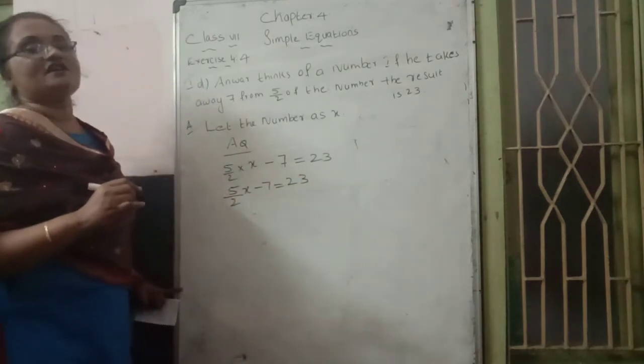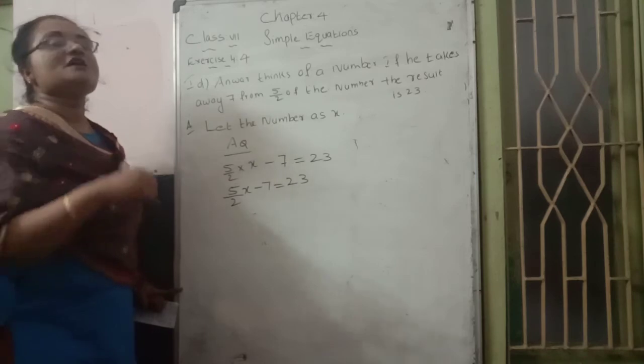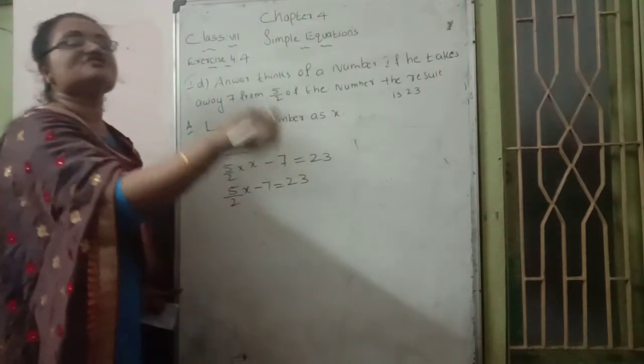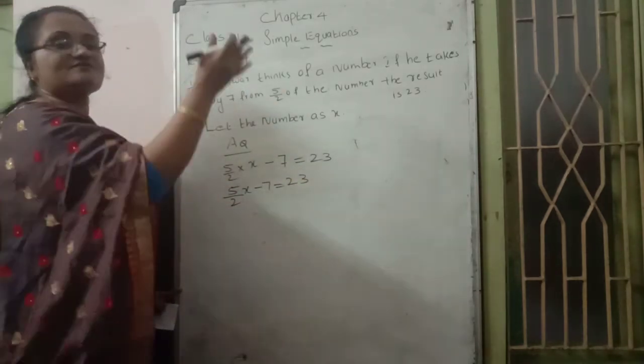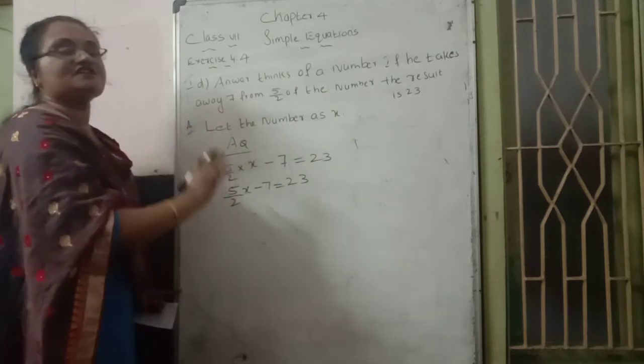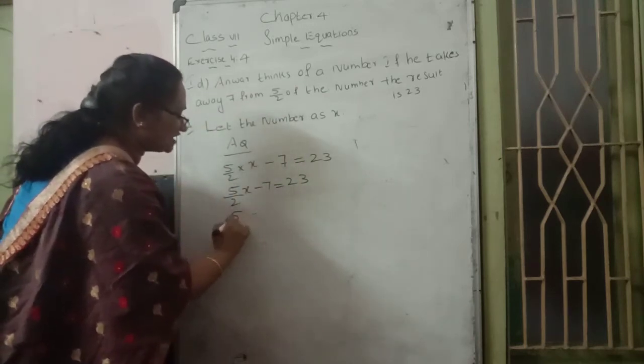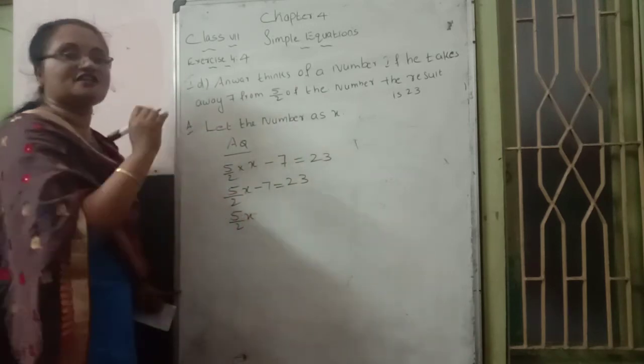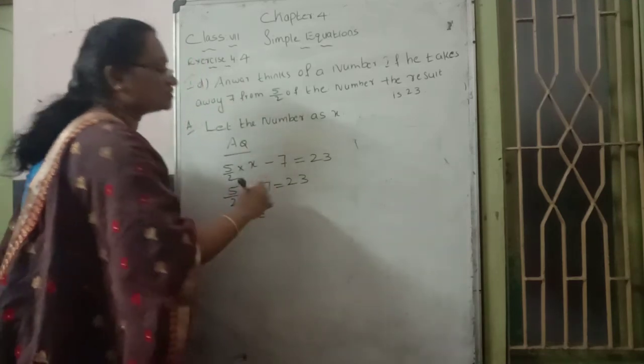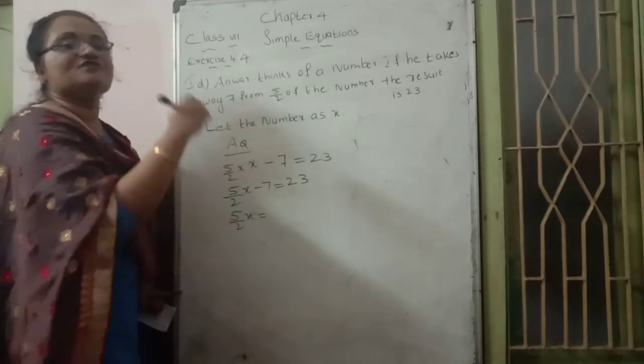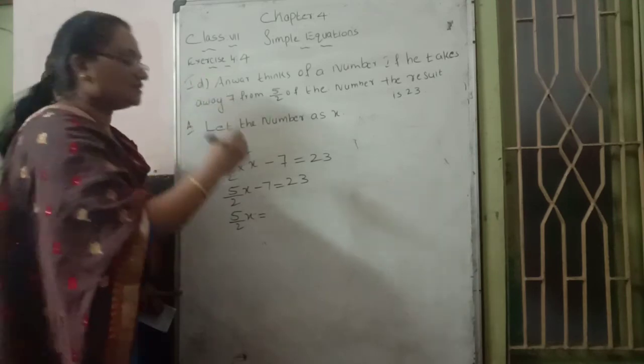How do we find the x value? Minus 7 is sent to the right side and changes to plus 7. Constant terms are sent to the right side one by one, and the variable term is kept on the left side. So 5 by 2 x we first keep on the left side. Minus 7 goes to the right side and changes to a plus sign, added with 23.